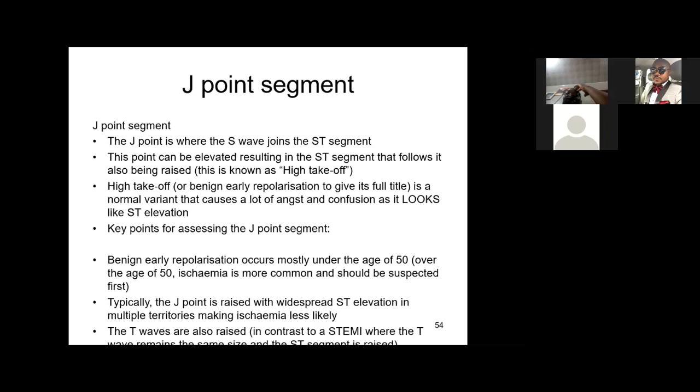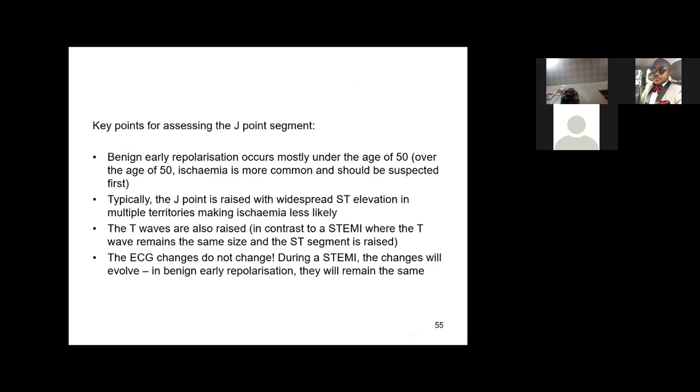Typically, the J point is raised with widespread ST elevation in multiple territories, which makes ischemia less likely. But if it's over the age of 50 and the J point is raised, then there's a suspicion of myocardial ischemia.